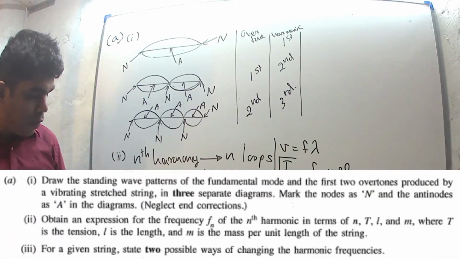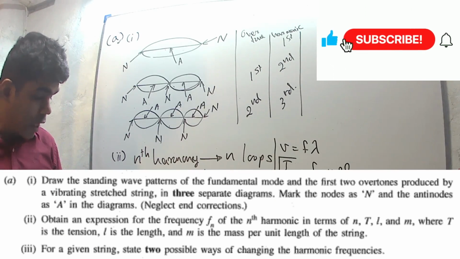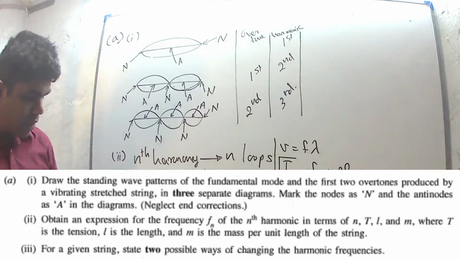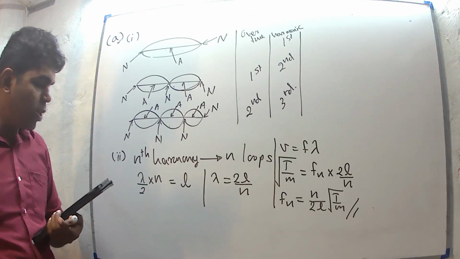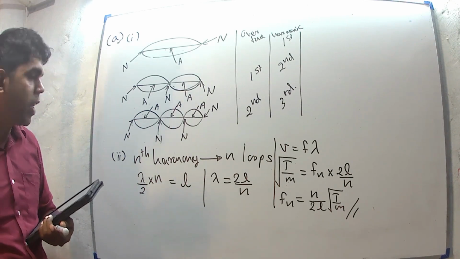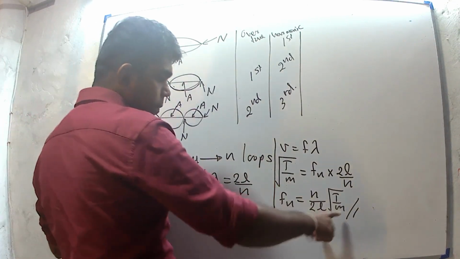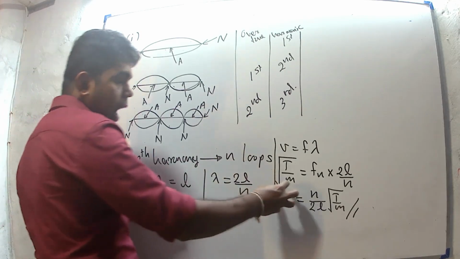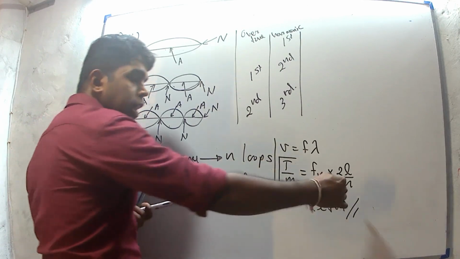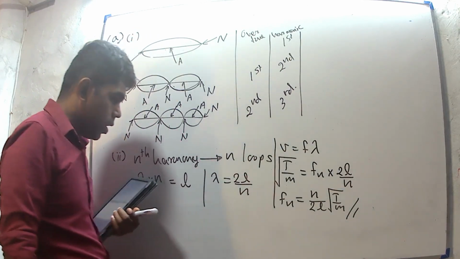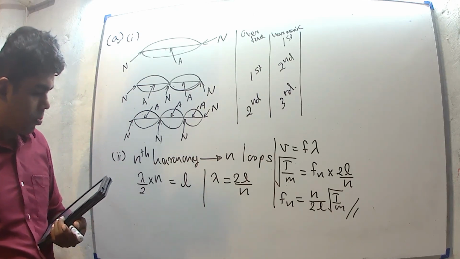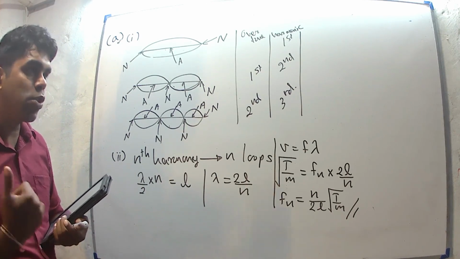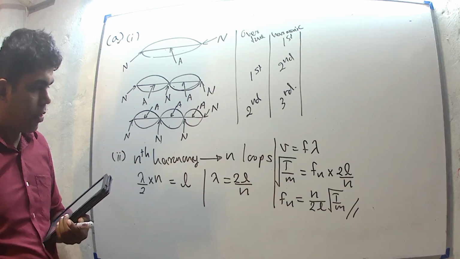Then part 3, for a given string, state two possible ways to change the harmonic frequency. We have to write two possible ways. When considering this equation, we can get a different harmonic frequency by changing tension. They have given a string, therefore we can't change m value, it is constant for the given string.